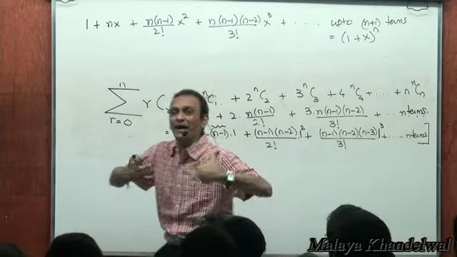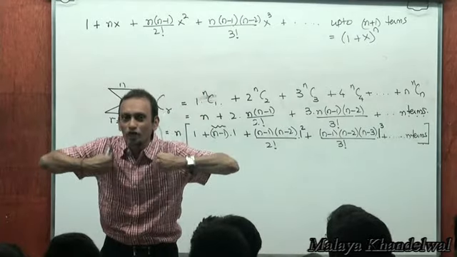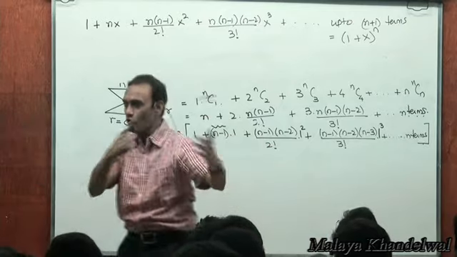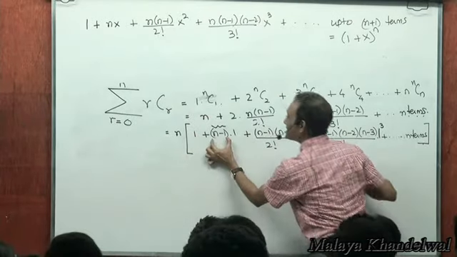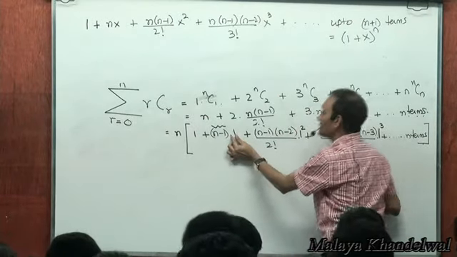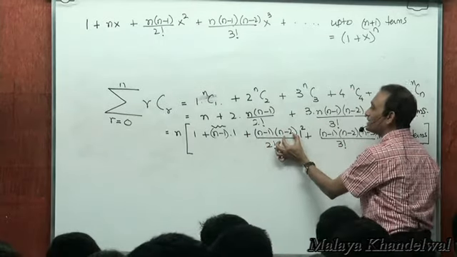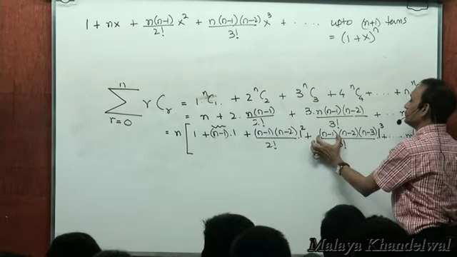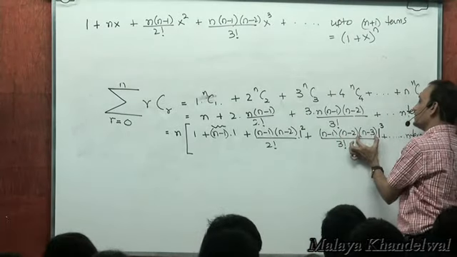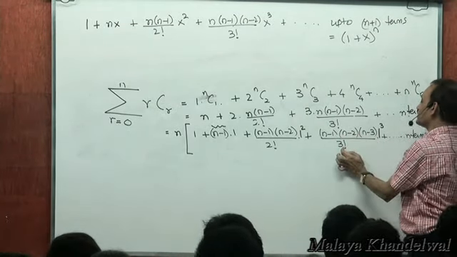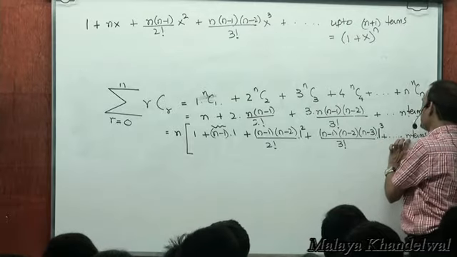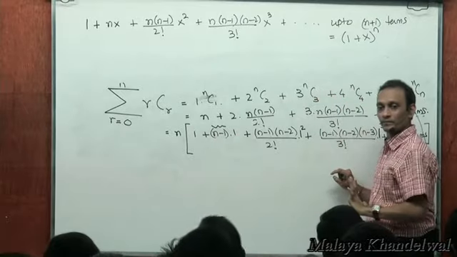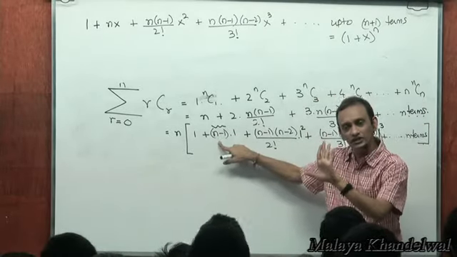So it carries the binomial series with it. A full binomial series is encrypted inside this, yes or no? 1 plus n into x plus n into n minus 1 by 2 factorial x squared, n into n minus 1 into n minus 2 by 3 factorial x cubed. How many terms? n terms, which is 1 more than n.